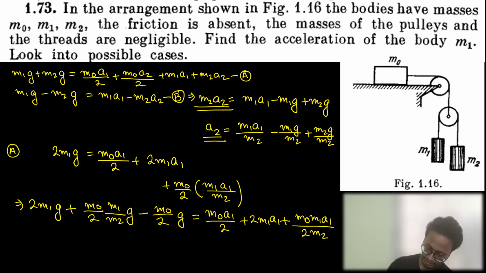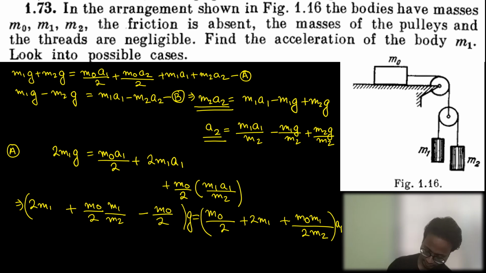Okay, now I can take g common from the left hand side and a1 common from the right hand side. So left hand side g, so all the g will get erased. I'm taking a1 common from the right hand side, so all the a1s will get erased.